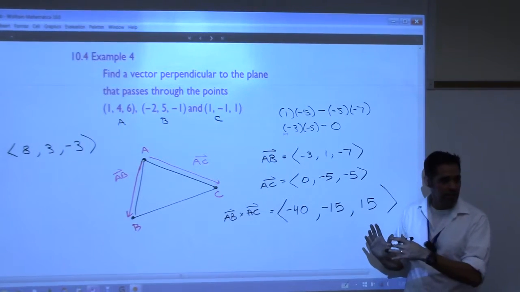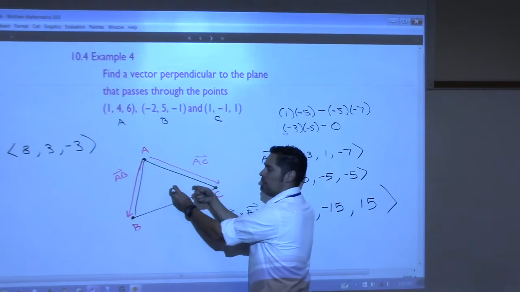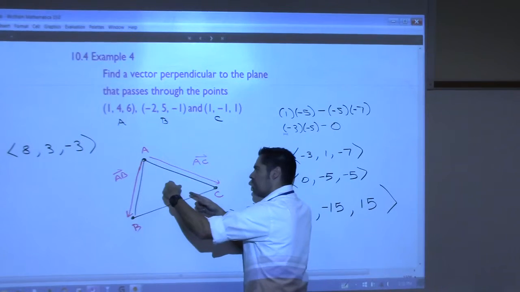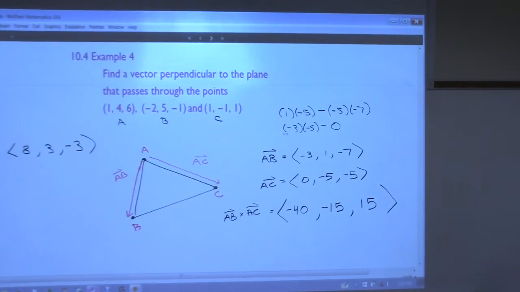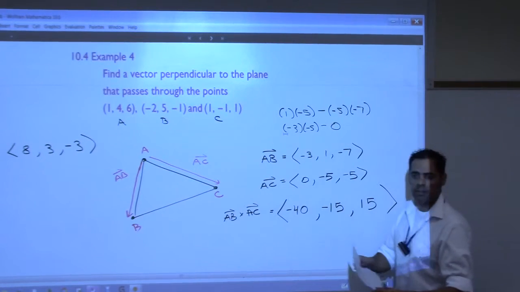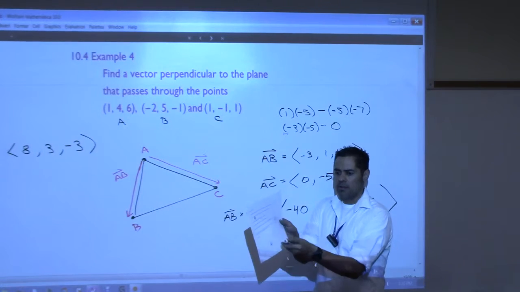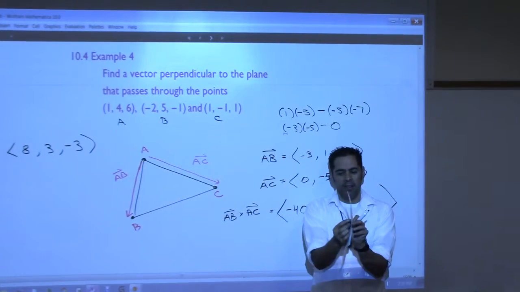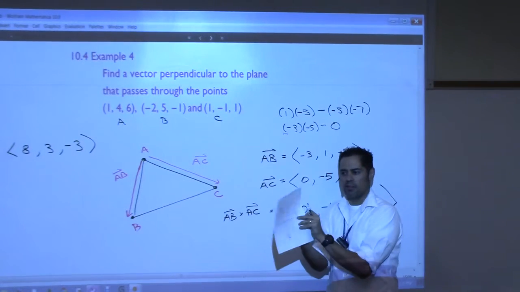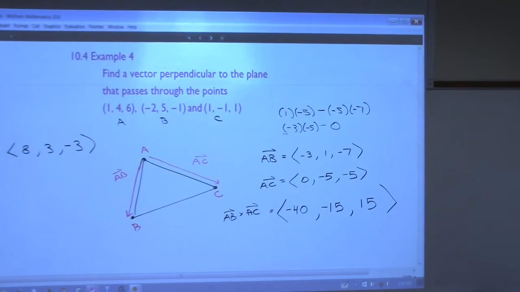It's shorter, and pointed in the opposite direction. So instead of sticking out of my plane like this, it's going into the plane, off the other side. But that's okay, because all the instructions said is to find a vector perpendicular to the plane. So originally we found this one, and then we divided it by 5 and flipped it over. Now it's on the other side, and it's 1/5 as long. Questions on that? Got about 10 minutes left.